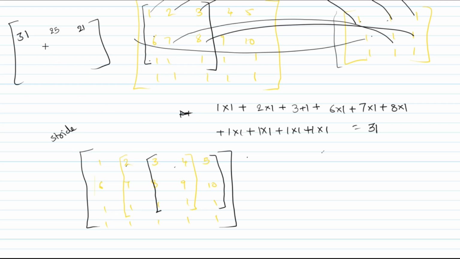Now I am moving down by 1 unit. This time I am going like this, and after this again we are getting some result, maybe 22.